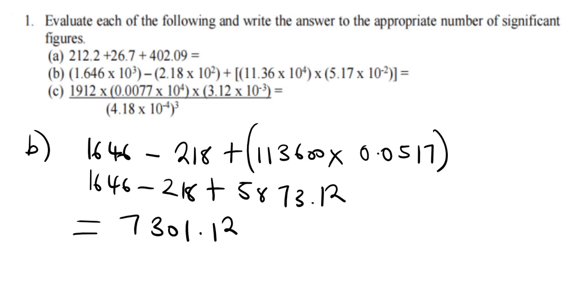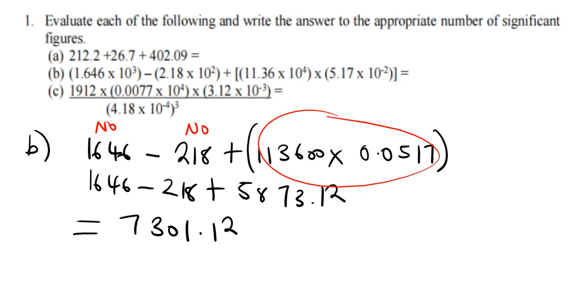If we look at this first one in its simplified form, it has no decimal places. This one, no decimal places as well. But when we solved this one, it gave us 2 decimal places.